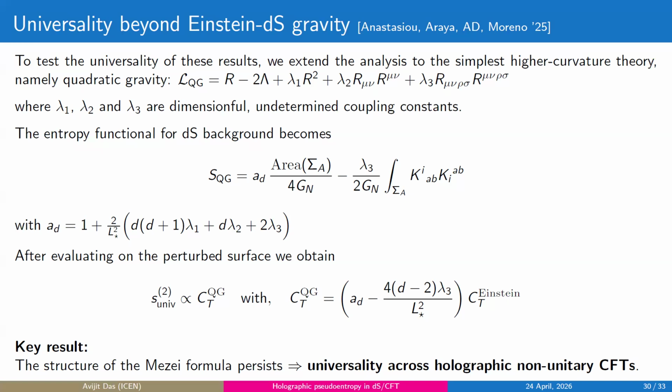They are related, right? In Gauss-Bonnet gravity, yes, there are relations. You obtain the Gauss-Bonnet density. Then you will get a particular result: you will fix lambda 1, lambda 2, lambda 3, and you will get what the CT will be for a CFT which is dual to Gauss-Bonnet gravity.